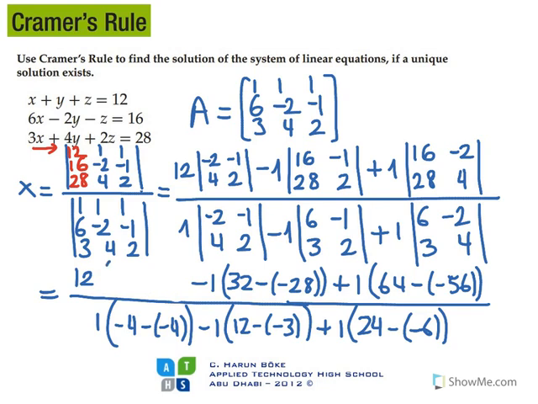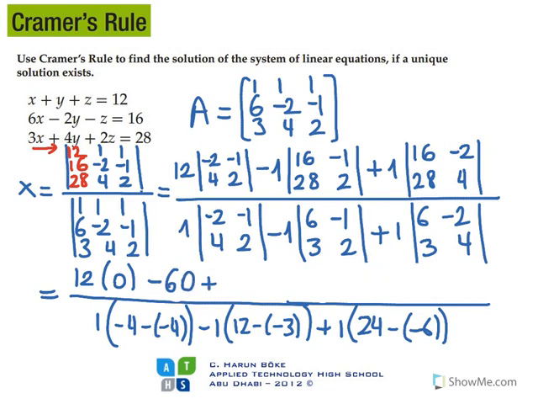So if we simplify, we will get minus 4 plus 4, which is 0, minus 32 plus 28, which is 60, plus 64 plus 56, which is 120.